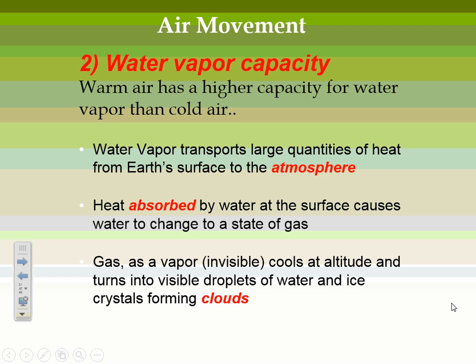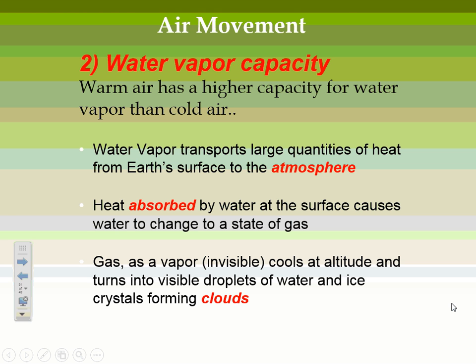So the second cause for air movement, or the direction of air movement, is water vapor capacity. As warm air rises, it has a greater capacity to hold water vapor than cold air does. It's that water vapor that transports a lot of the large quantities of heat from the Earth's surface into the atmosphere.